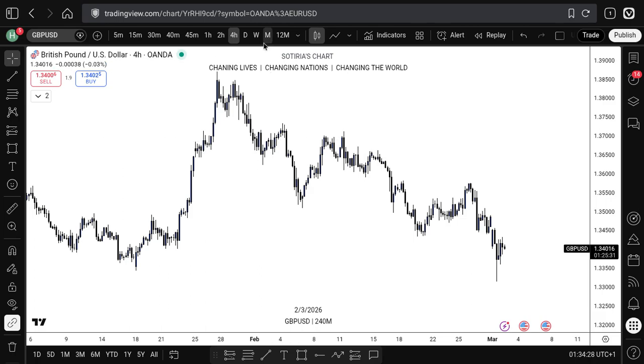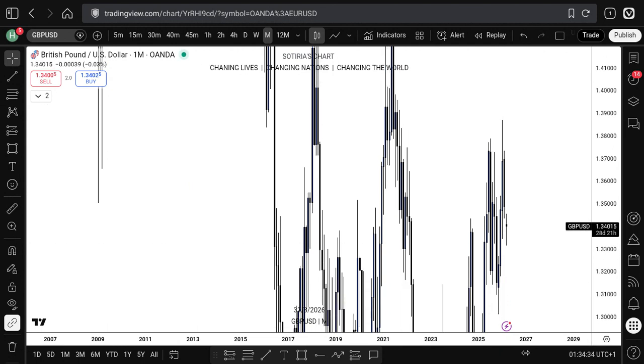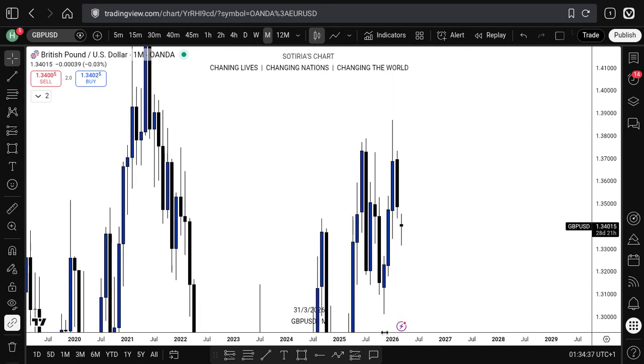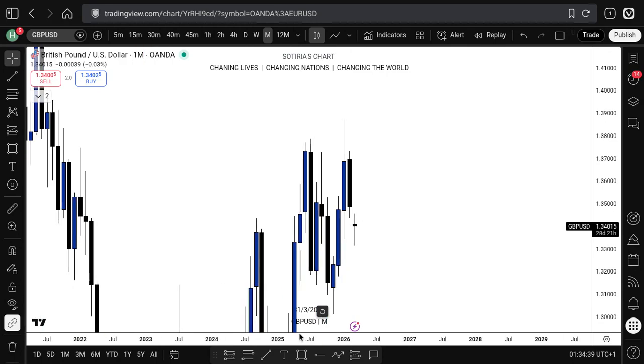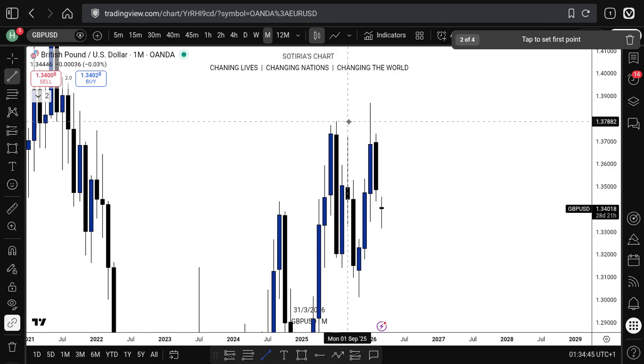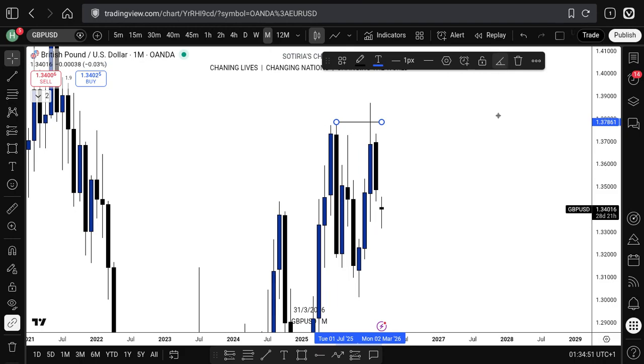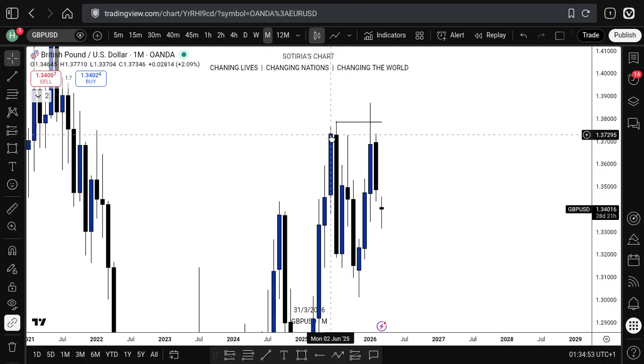And to remember, this is a new month. So we're going to be starting from the monthly time frame on every pair that we're going to analyze. So right here on GBPUSD, we can see that from the previous month, we had the previous month close here and also close below this body high.